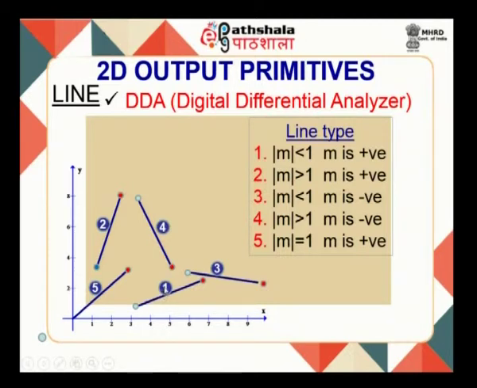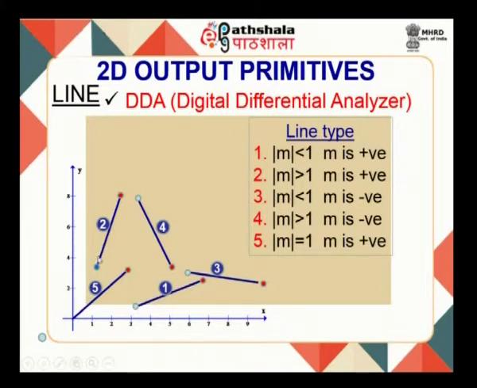The algorithm's input should be the starting and ending points, and the algorithm should compute all the in between points that make up the line. Line type 1 is more inclined towards the x axis. See the inclination here; it is more bent towards the x axis.